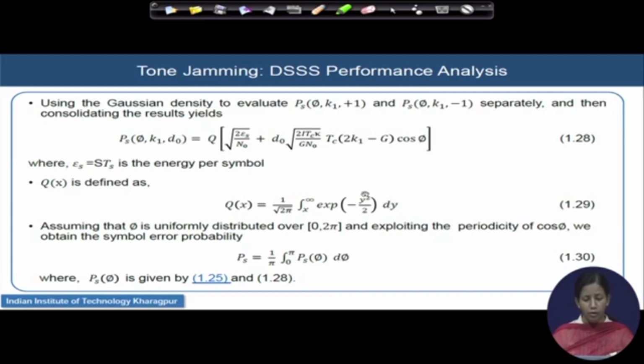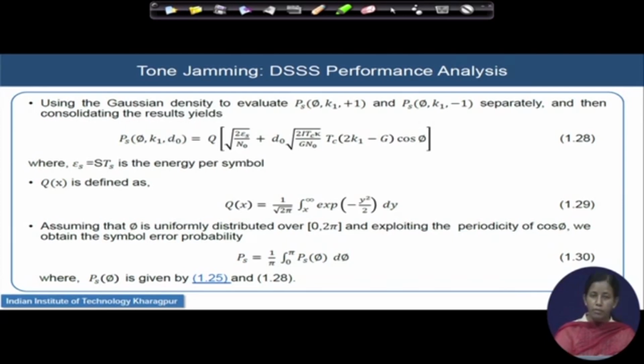Remember that once we reach here, we will know the typical value of the Ps. That is conditioned on phi, conditioned on Q1, and conditioned on the transmitted value D0, so +1 and -1.